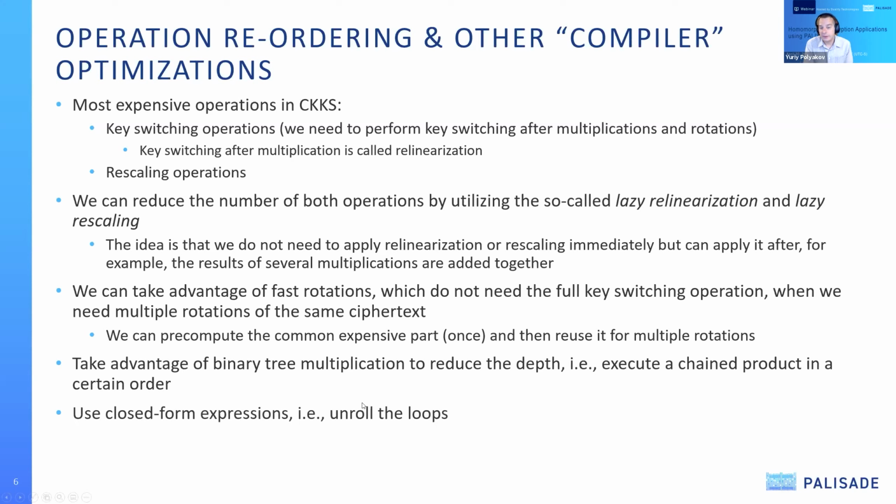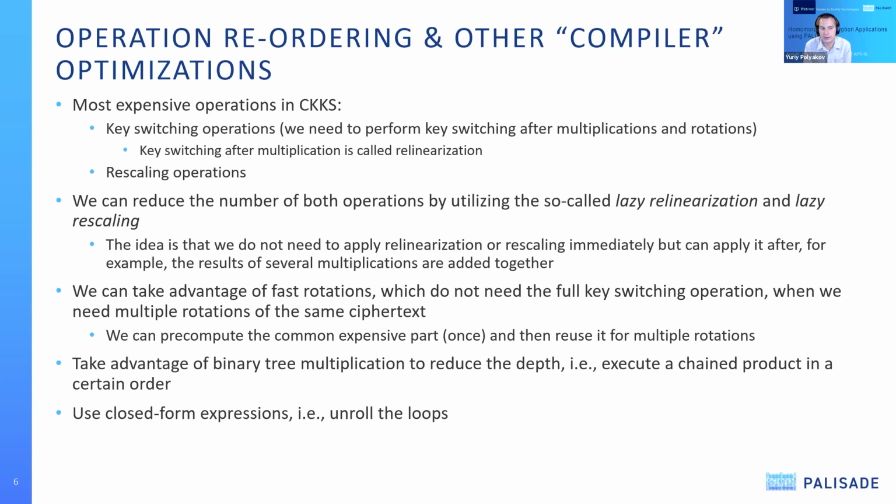And yet another optimization that we considered in this work is, for instance, if we have loops and they are performed sequentially, typically that increases the multiplicative depth, which keeps growing. But very often we can either use closed form expressions or unroll loops to reduce the effective depth that's needed.